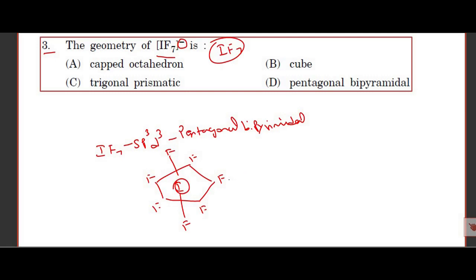Here this is a pentagonal bipyramidal structure. Hence option D is correct.